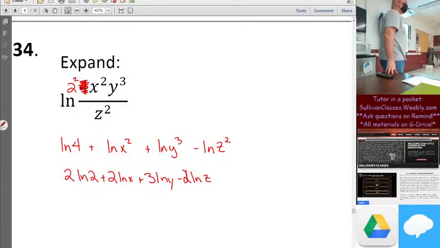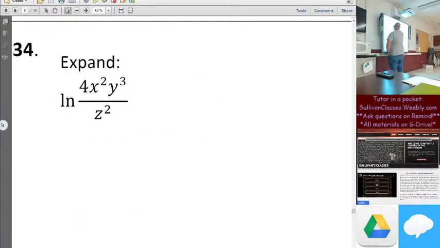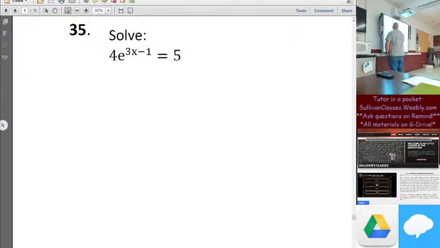Put a note next to this, remind yourself, if you're expanding things, write its prime factorization before doing anything else. Prime factorization first. I want to get that E by his lonesome.